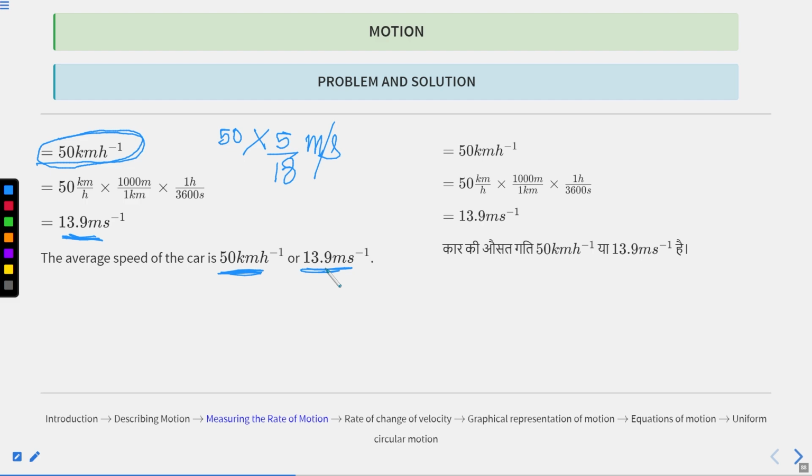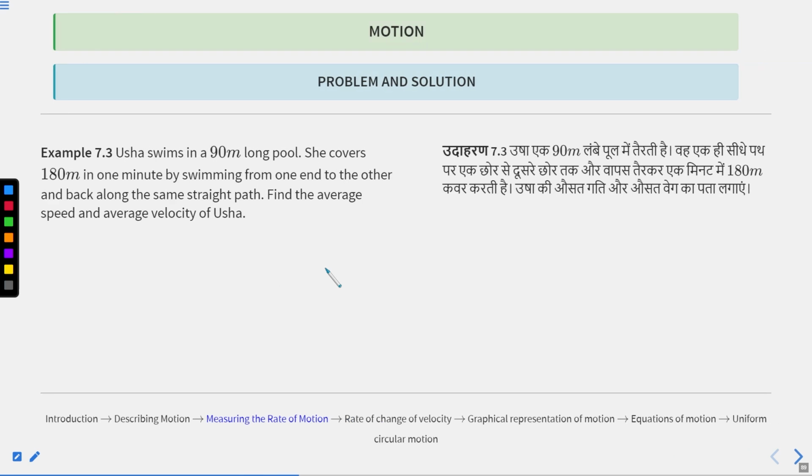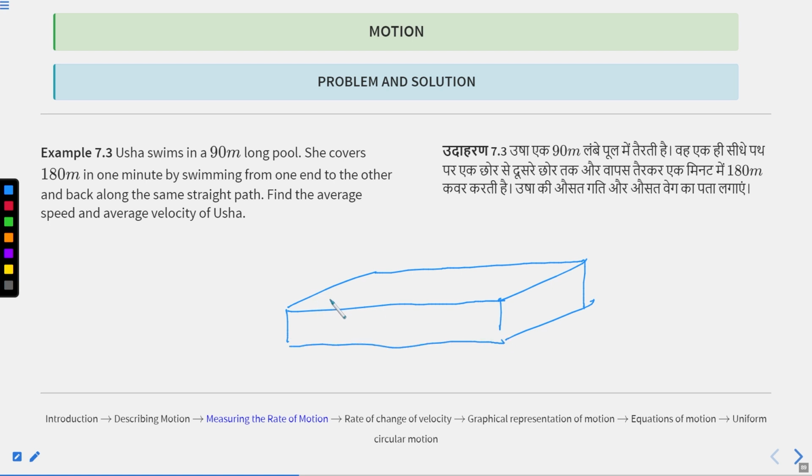Let's move on to the next question. Example 7.3 is: Usha swims in a 90-meter long pool. There is a swimming pool, and the length of this swimming pool is 90 meter.